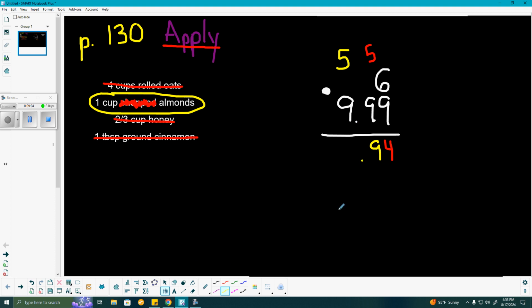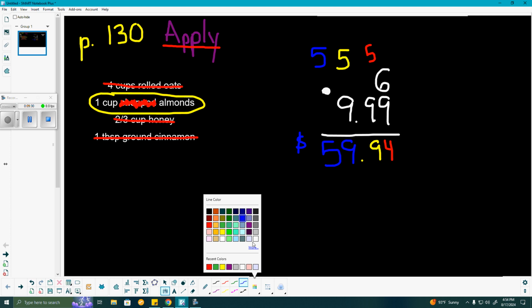Very important to bring it down exactly where it is placed. Now, 6 times 9 is 54. 4 plus 5 is 9. And because there's nothing to do here, I will bring my 5 straight down.